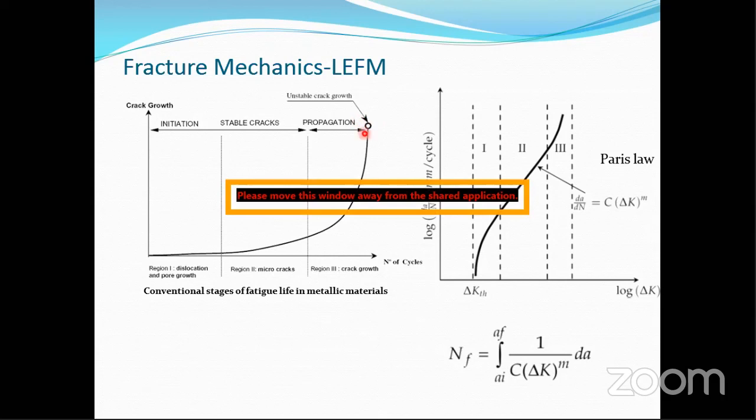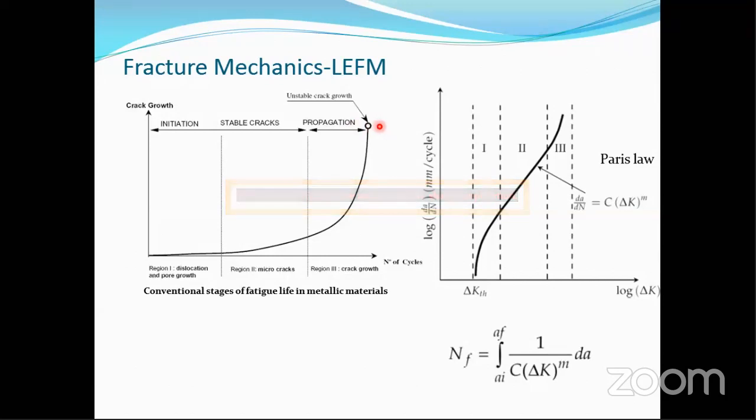At this point, the stress intensity is called the critical stress intensity factor, and indirectly, if you consider it as a material property, it is fracture toughness. Once the fracture toughness is crossed, which you can compare to the ultimate stress for static load, the component will fail.